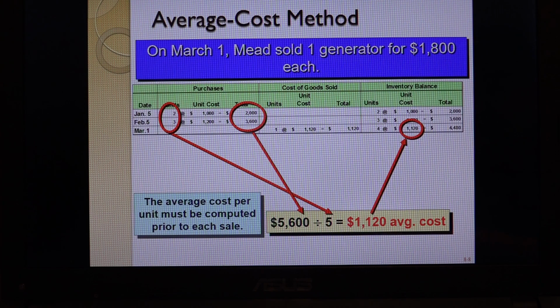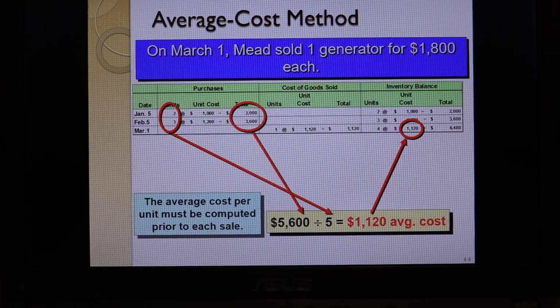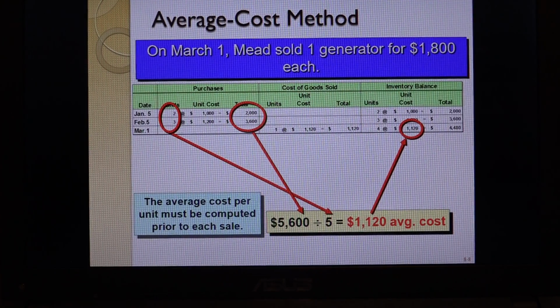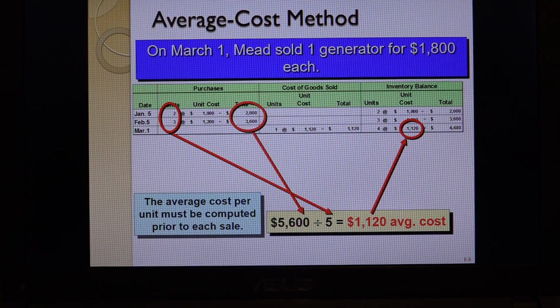With the average cost method, you're going to total the cost and divide that by the number of units that you've purchased. So in this case, the total cost was $5,600 for these 5 items. You divide that by 5 and you come up with an average cost of $1,120.